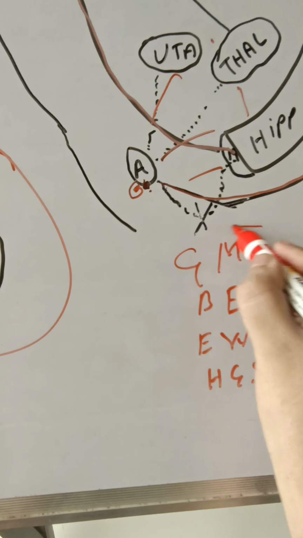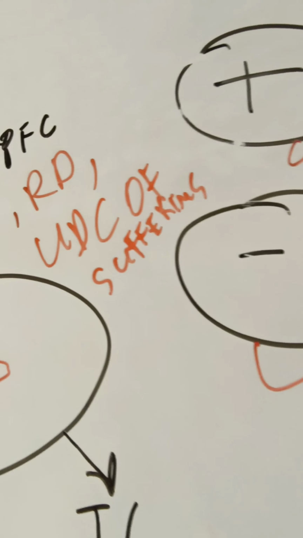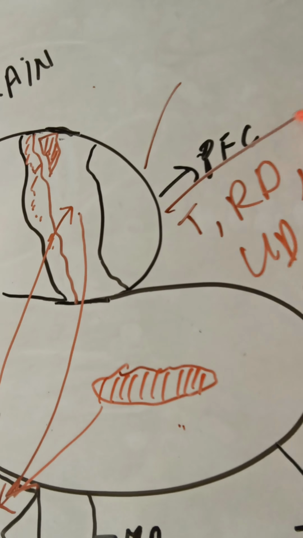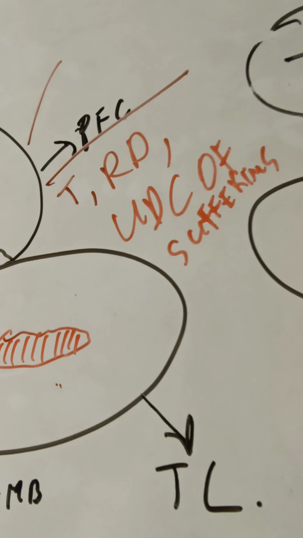You see, when you have all of this, you can calm this limbic system, and then you can increase the level of the prefrontal cortex.